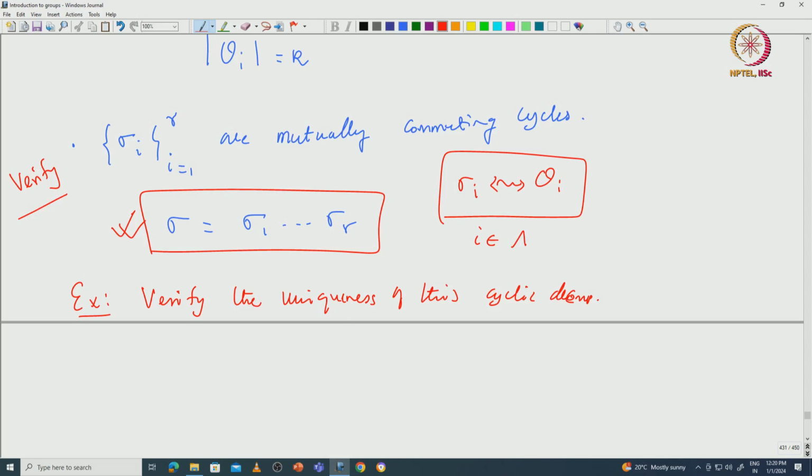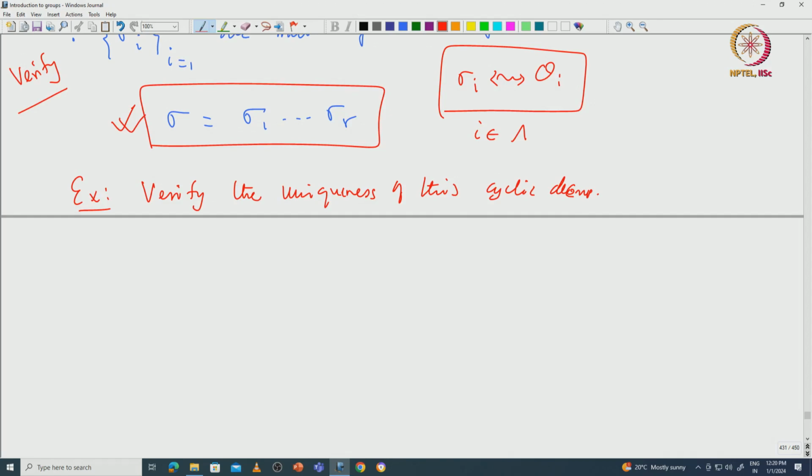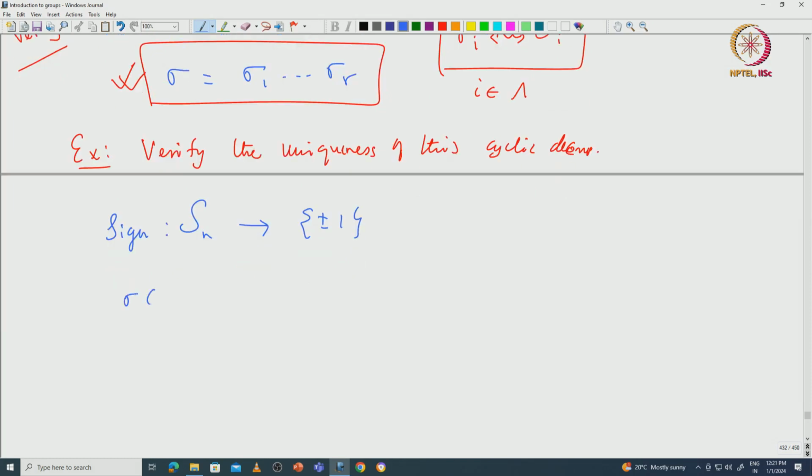Since these disjoint cycles are uniquely determined by sigma, if you take the sign of sigma, it will be just the product of the sign of each sigma_i. We already have this sign map, recall that the sign map is a map from S_n to plus or minus 1. Sigma is in the kernel of this sign map, which we denoted by A_n, the alternating group, if and only if the sign of sigma is equal to 1.